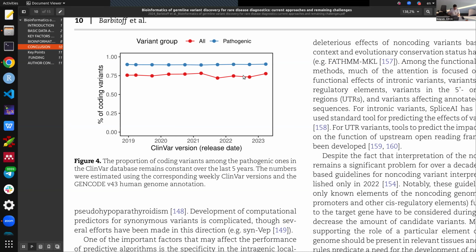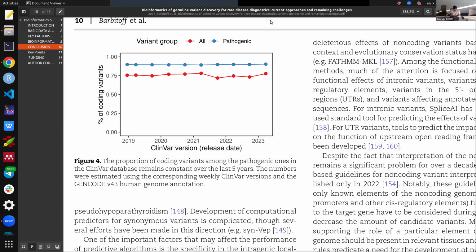So that's a good question whether or not we should interpret this as the fact that there is a limited contribution of non-coding variants to the genetics of rare disease, but at least we can state that with the current technologies, we still see that more than 90% of all pathogenic variants remain coding, and this proportion does not virtually change over time, at least in the last 5 years.